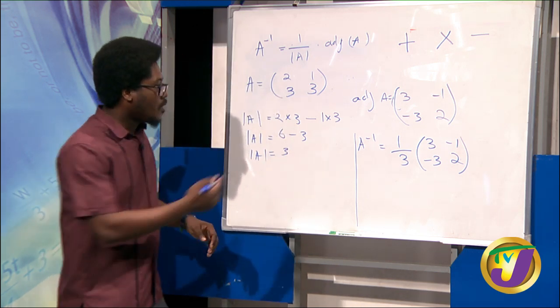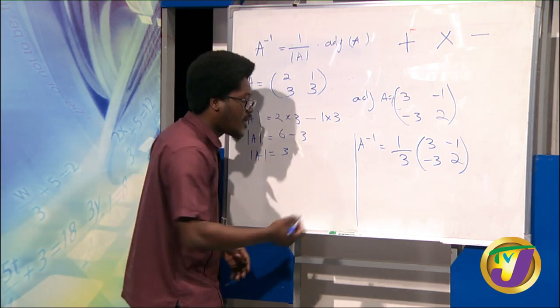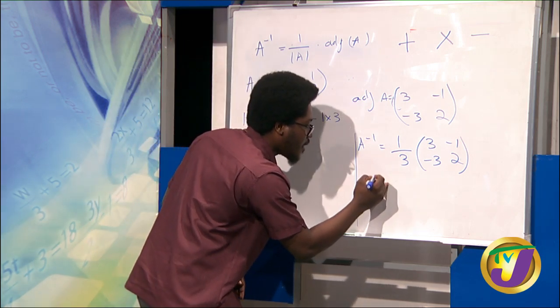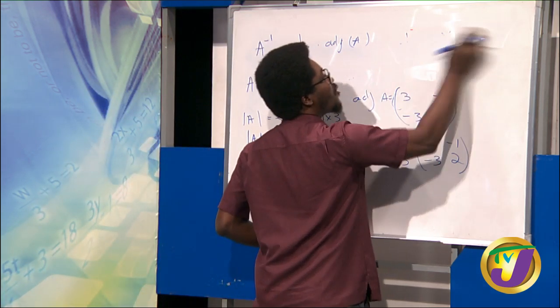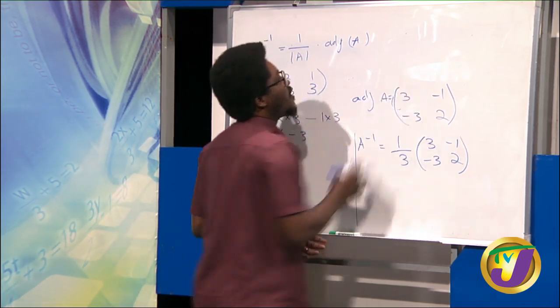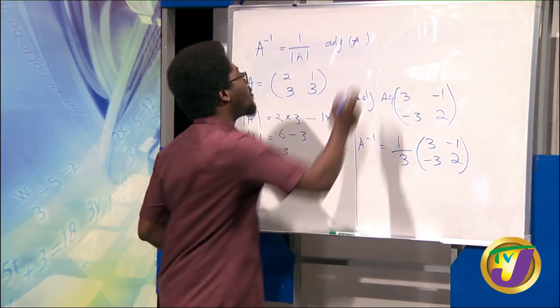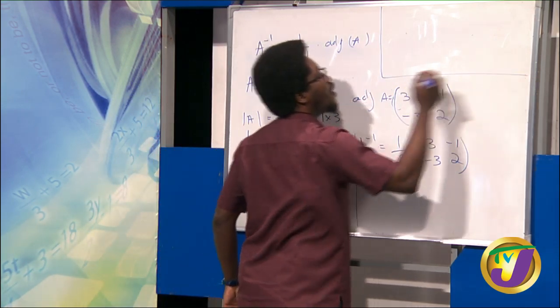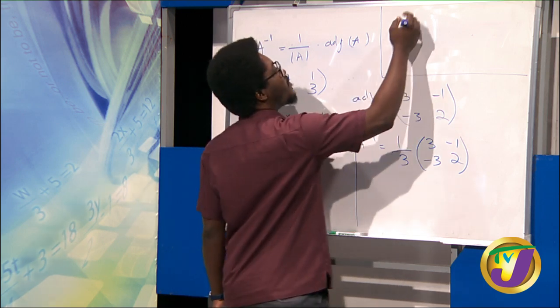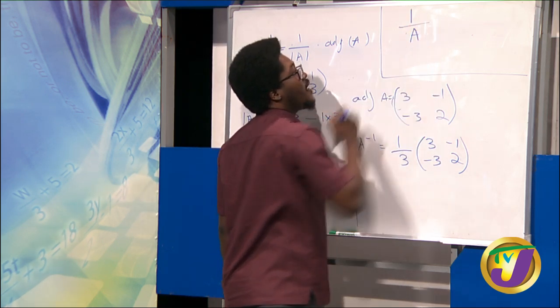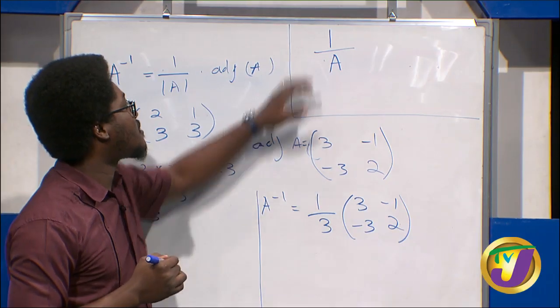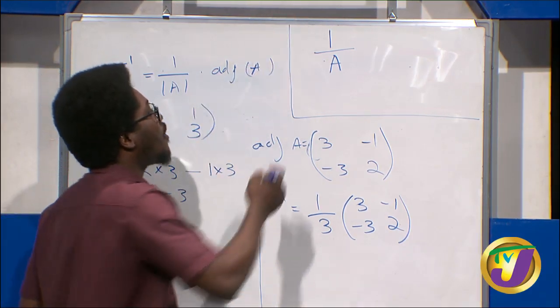Now, just to bring it home a little bit closer, take for example, we know that in indices, my board is becoming a little bit crowded, but I need these values here. So let's just work with this top portion of the board. Now we know that in indices, if I have 1 divided by A, it can be represented as this fraction here.